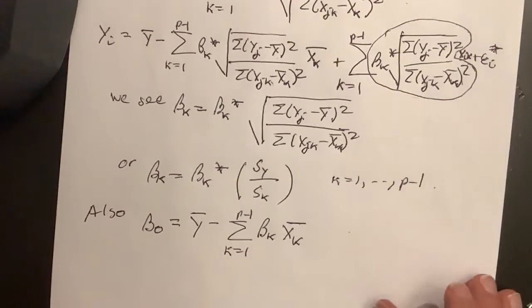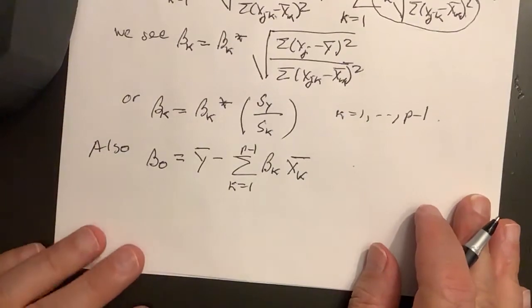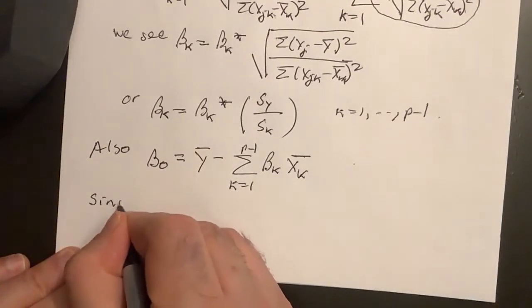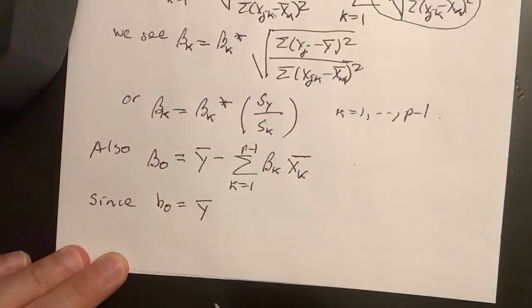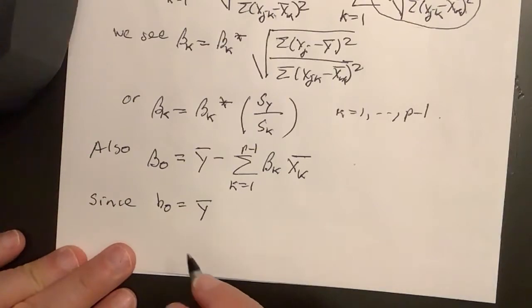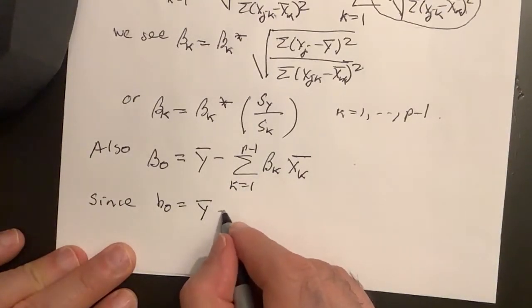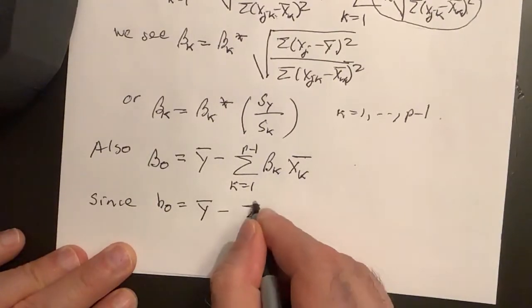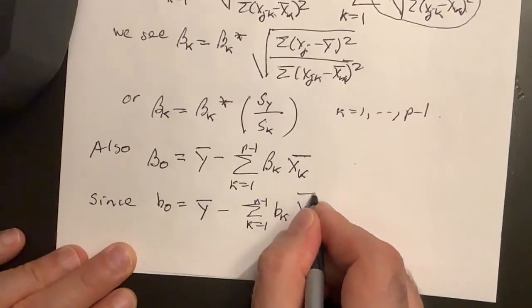Now, you might remember that since little b0, the fitted regression plane always lands on the means, b0 is always equal to y bar minus the sum, k equals 1 to p minus 1, bk xk bar.